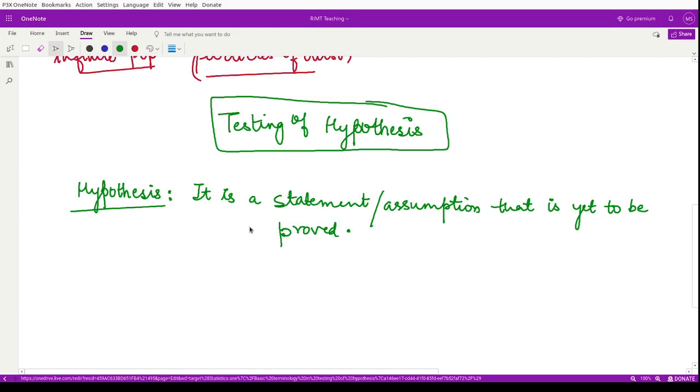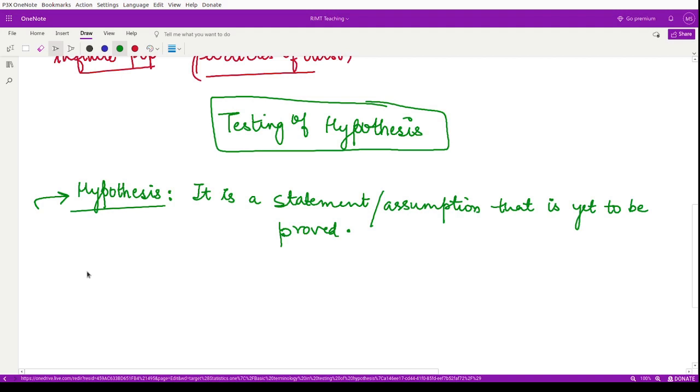Hypothesis in statistics means we are giving a statement which could be true or false. Depending on that, we will do the calculations and judge whether the statement we created at the start of the problem is correct or incorrect. So that would be the hypothesis.